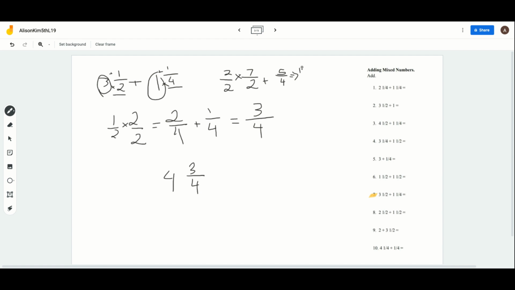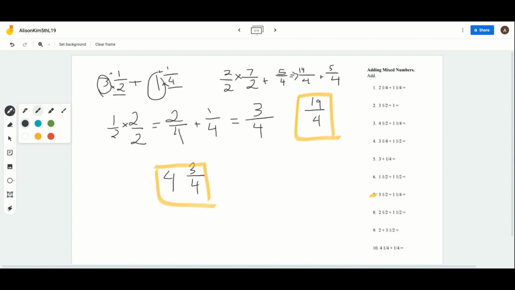And you'll get 14 over 4 plus 5 over 4. And you get 19 over 4, which should be the same thing as 4 and 3/4. So you can choose to have your answer as 4 and 3/4 as a mixed number, or as an improper fraction, 19 over 4.